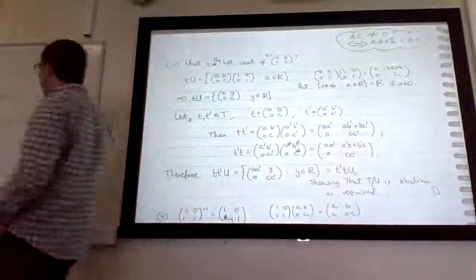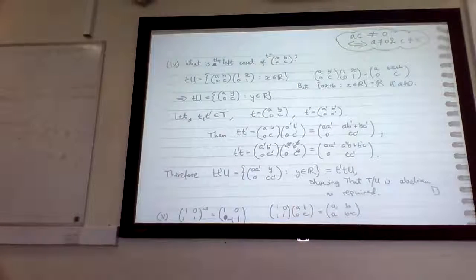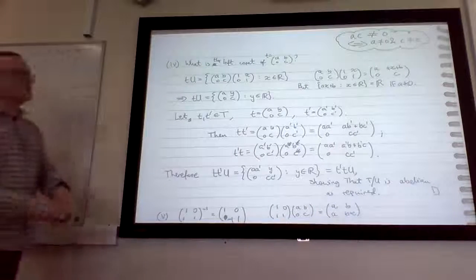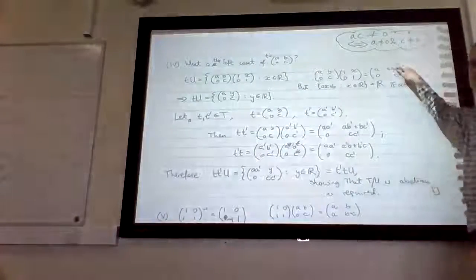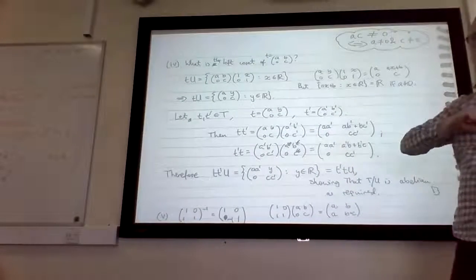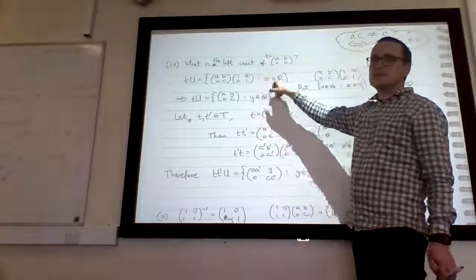Because if you want ax plus b to equal some number y, can you do it by choosing an x? Well, the answer is yes, because this surely has a solution: x equals y minus b over a. That's only valid if a is non-zero, but a is non-zero. So we can obtain any real number here just by choosing a suitable x, namely y minus b over a, and x is unrestricted.